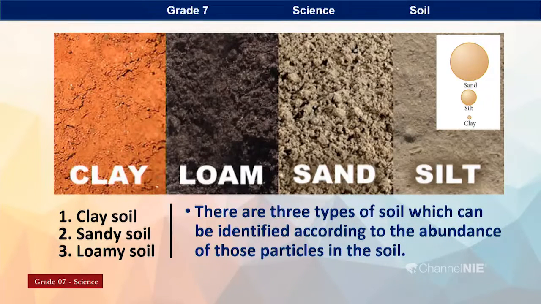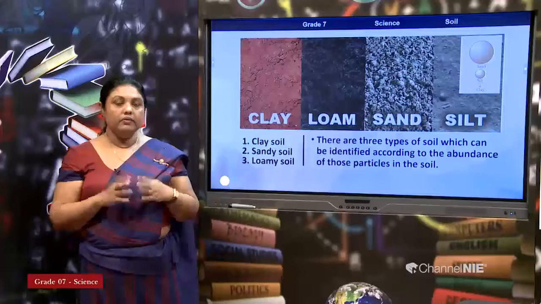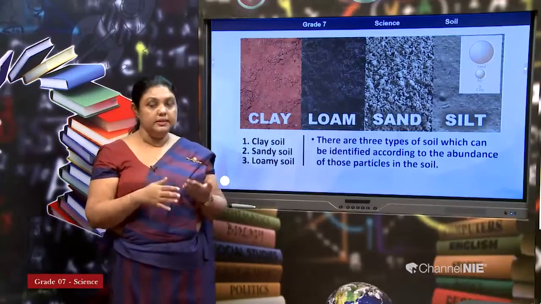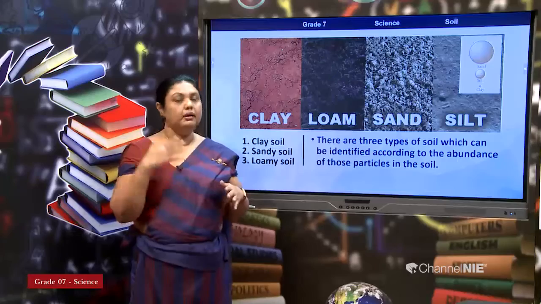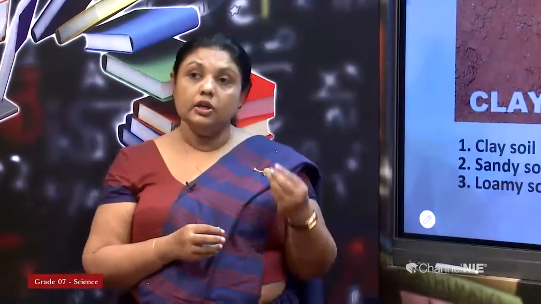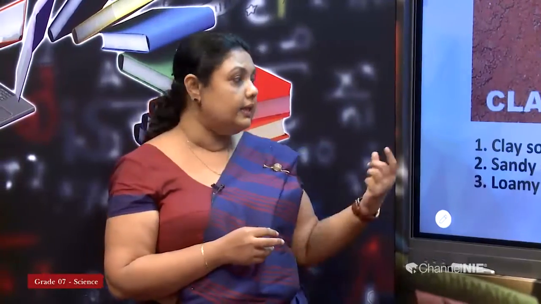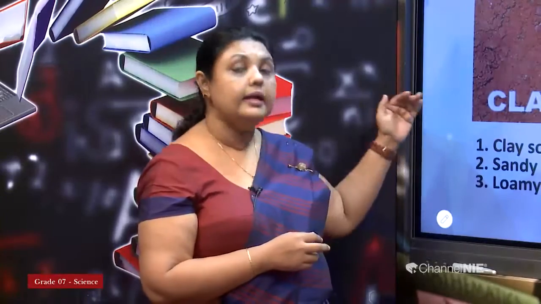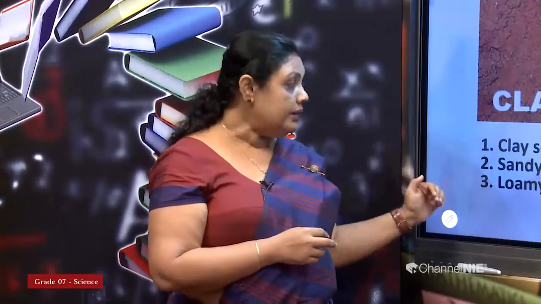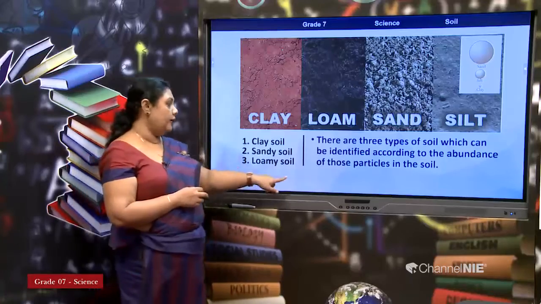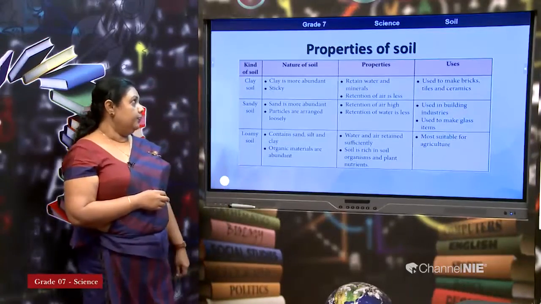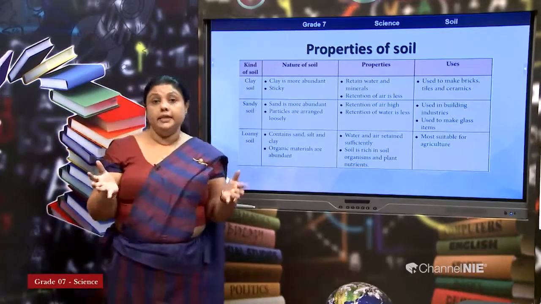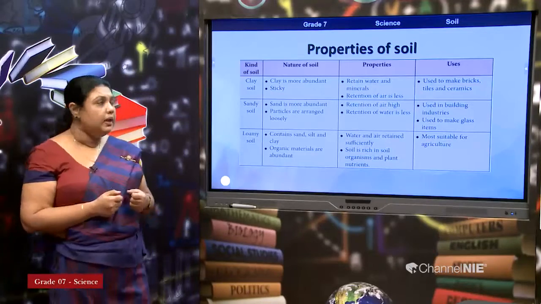There are some tall children, that is also relative. That means there are some short children, because of that there are tall children. Likewise, according to the properties that they have, we have categorized these soils, that is clay soil, sandy soil and loamy soil. Property, as I told you, is how it is made.